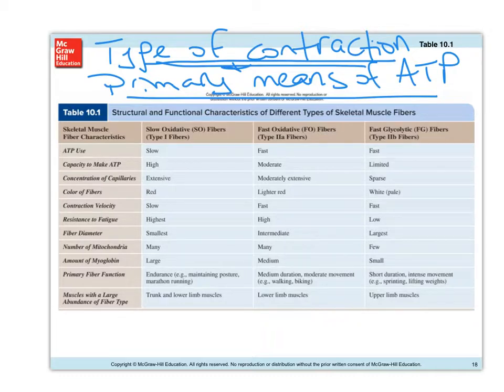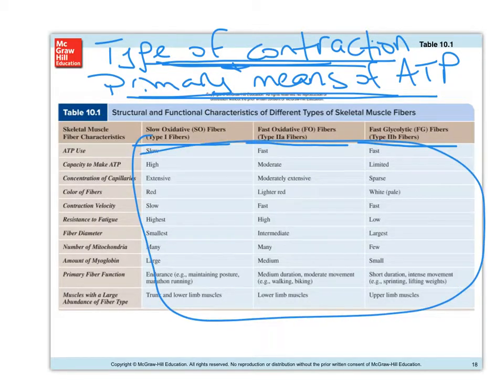Is it primarily from glycolysis, or is it primarily from aerobic cellular respiration? So looking at those combinations, you can have different types of skeletal muscle fibers: a slow oxidative, type 1, a fast oxidative, type 2A, a fast glycolytic, which is a type 2B, and then they have these corresponding traits associated with them.